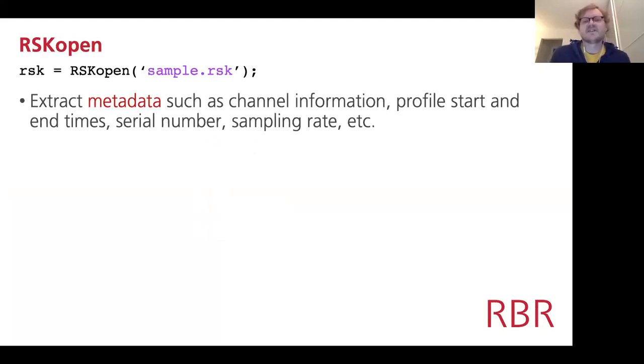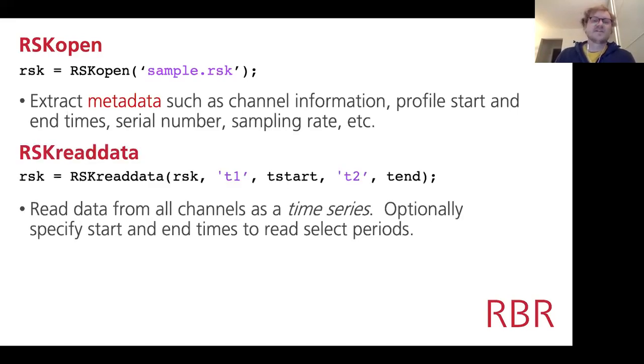It does not actually read the data just yet. The reason is that some files are huge. You could have a gigabyte of data in an RSK file, and slurping that all in one step is not what we recommend. This allows you to investigate the file without reading in a massive data set. Then you may move on to RSKreaddata.